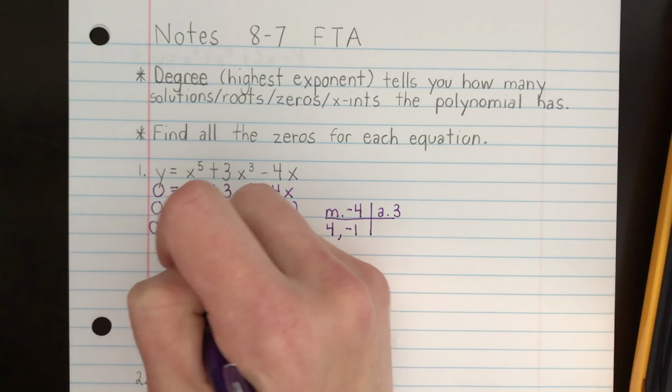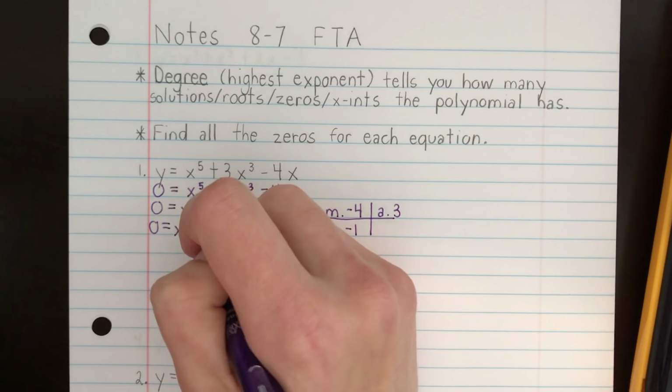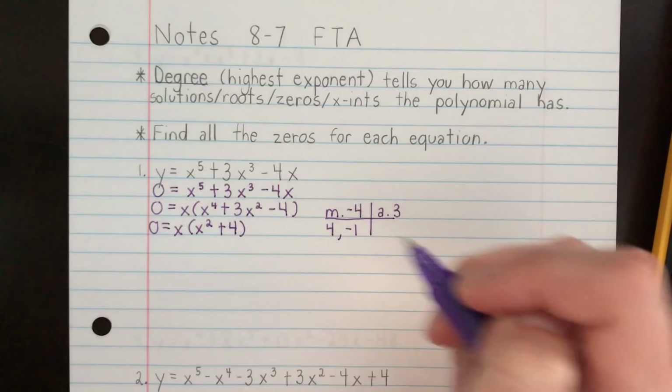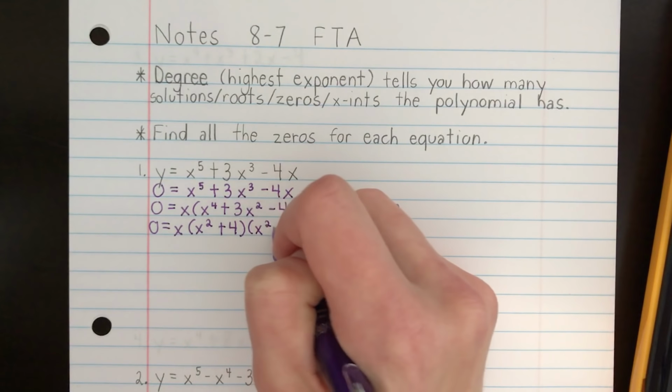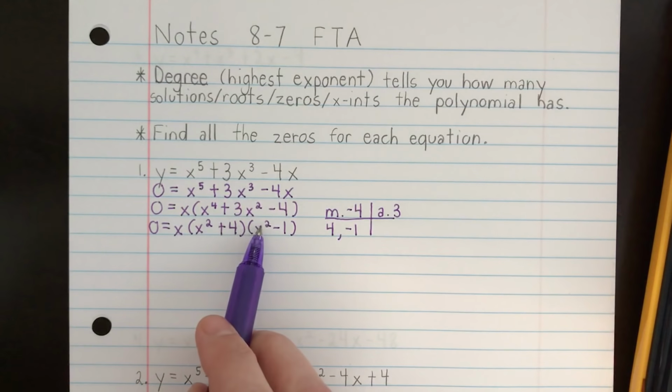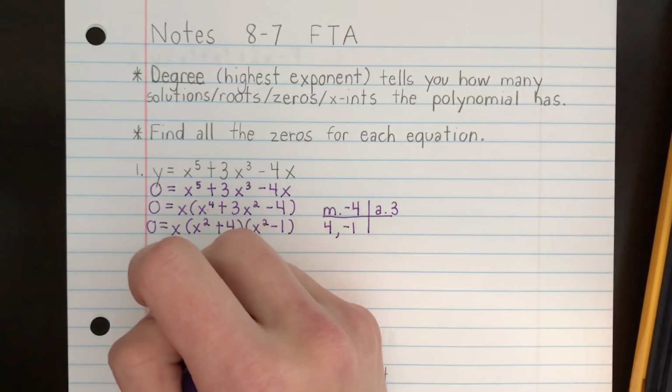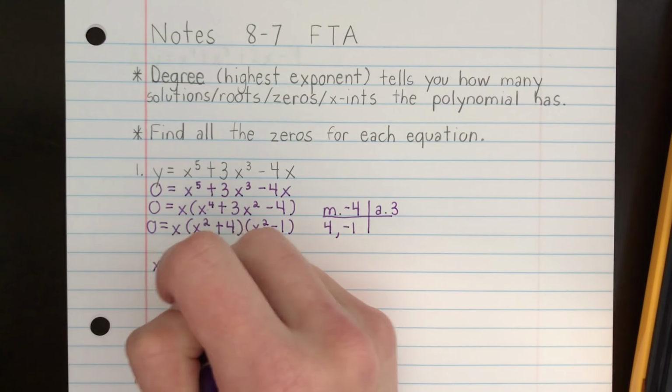That means this, and we've done this before, factors to x squared plus 4, x squared minus 1. Because we need a quartic there, the first terms in each of the binomials have to be x squared. Then to solve, you already know, set each factor equal to 0.